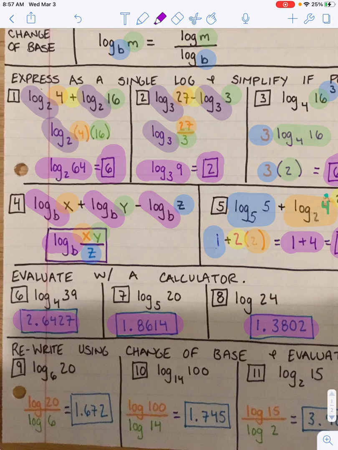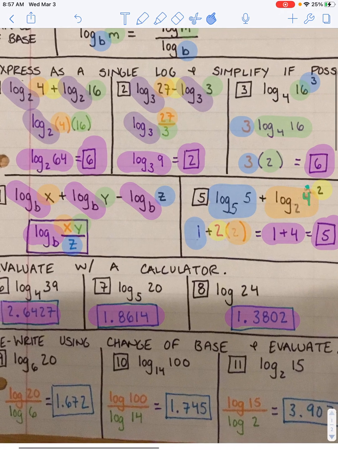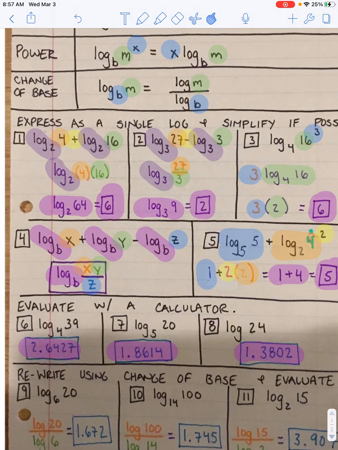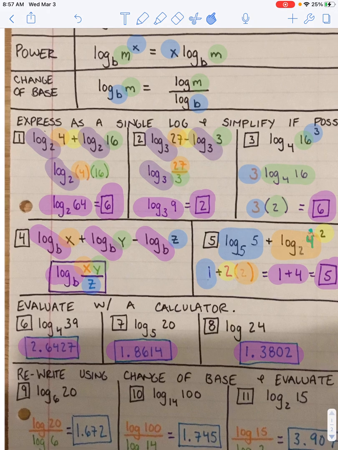Now for the last problems, 9, 10, and 11, we want to rewrite using the change of base formula and evaluate. Obviously we've just shown you on the calculator how you can plug this in, but there may be some situations where it wants you to use change of base. So remember, for change of base, log base b of m, we just have log of m divided by log of b.